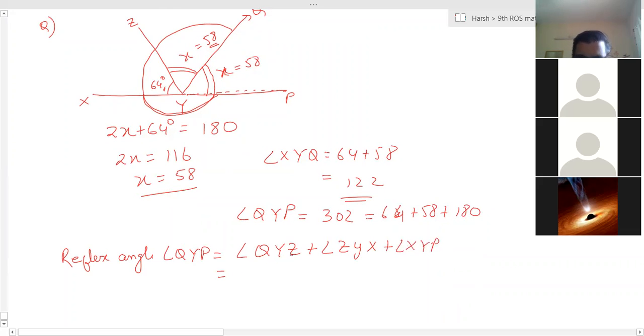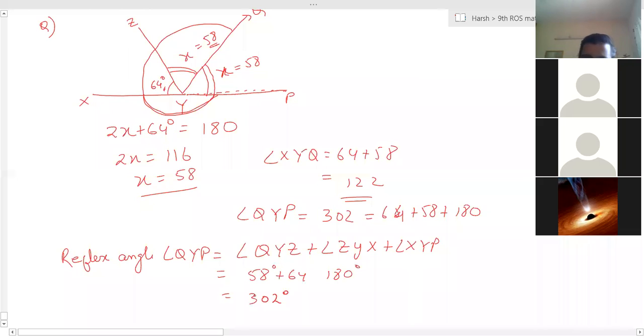Therefore, QYP, already you have found QYZ is 58 degree, ZYX 64 degree and angle XYP is 180 degree. Therefore, 302 degree. Is it clear?